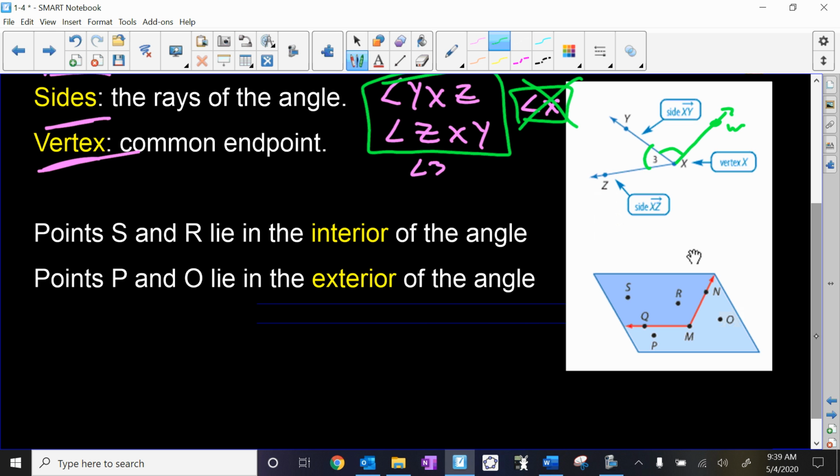The last thing that they talk about is what is the interior of an angle and what is the exterior of an angle. So points like S and R would be in the interior of this angle, and M, Q. And then points P and O, those would be considered exterior. They're outside the angle.